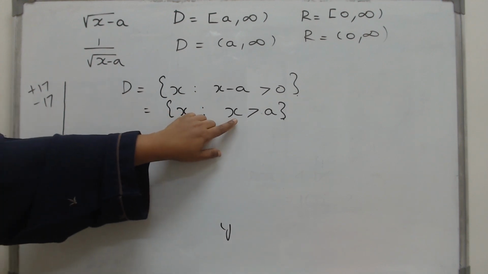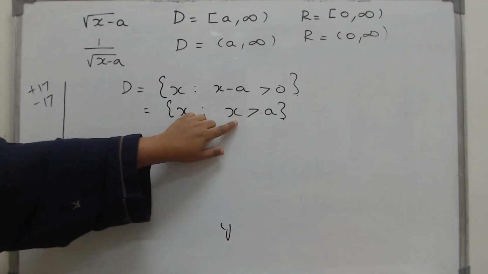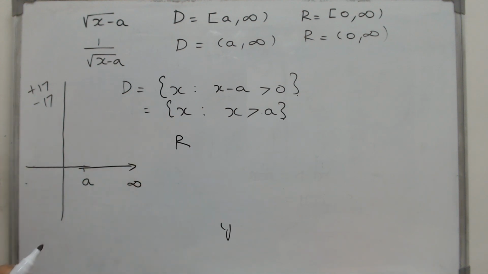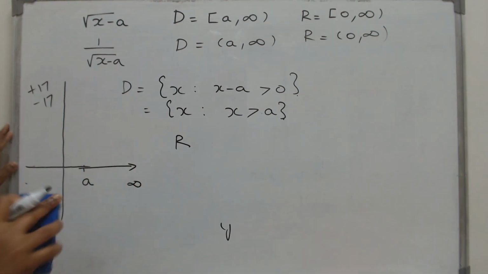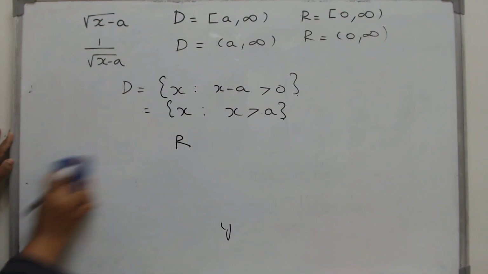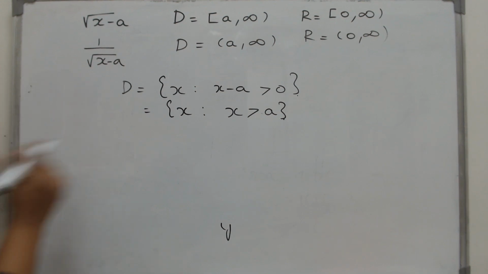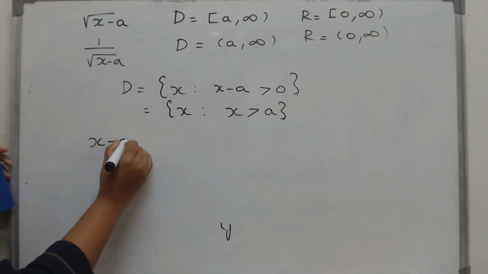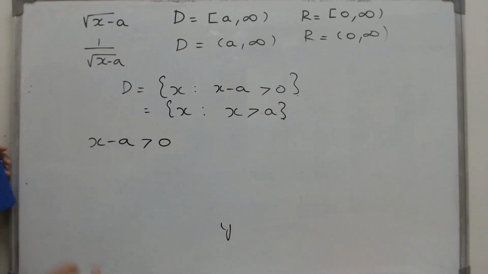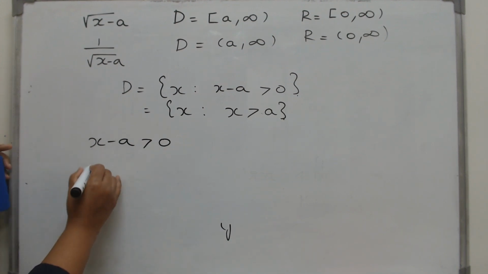And for that, remember, you have to always start from your domain. Your range has to worry about only those numbers which are part of the domain. The other one is none of our business. So now what does the domain say? The domain says that all of your x is such that x minus a is strictly greater than 0.